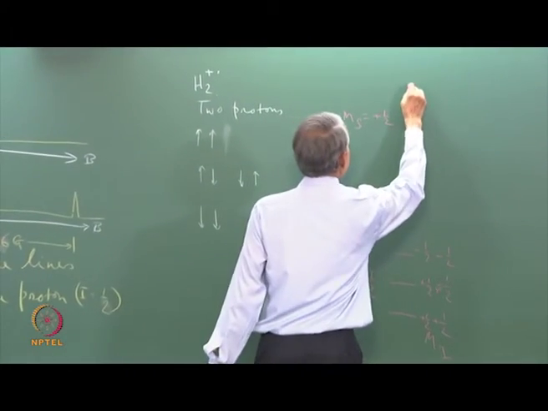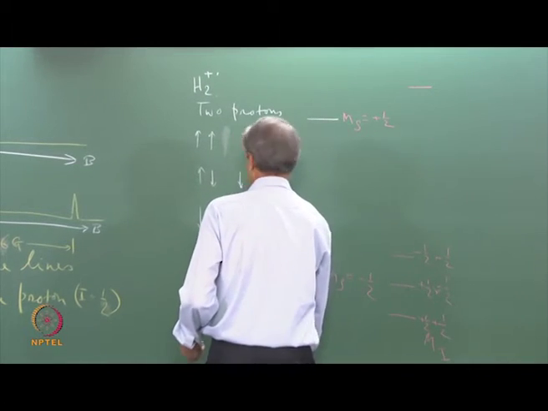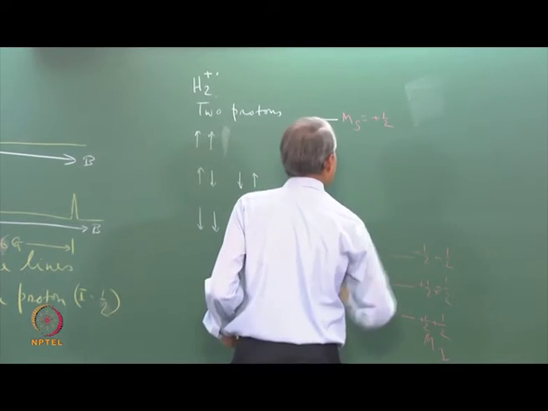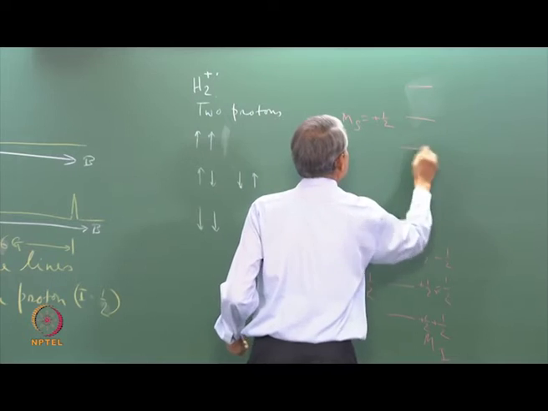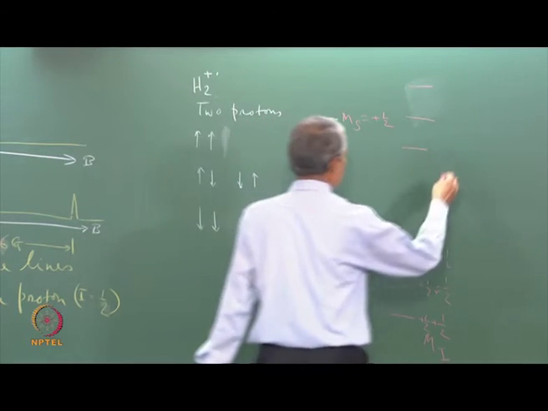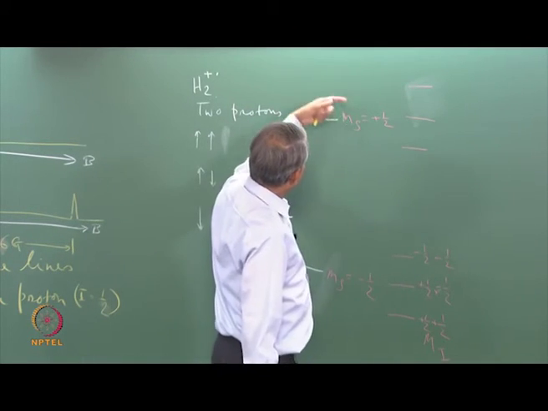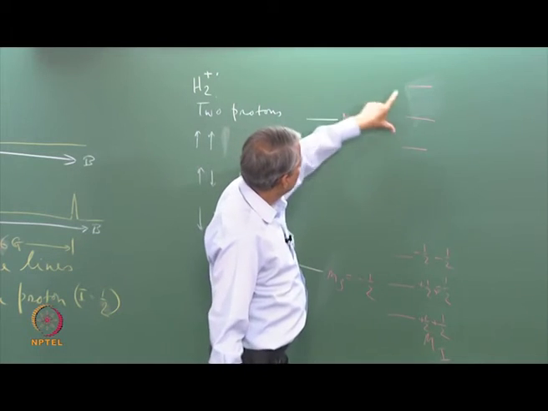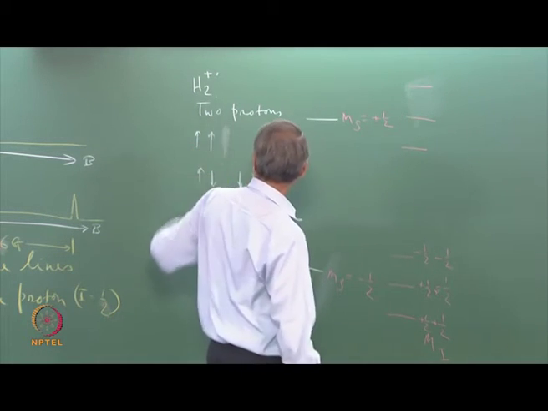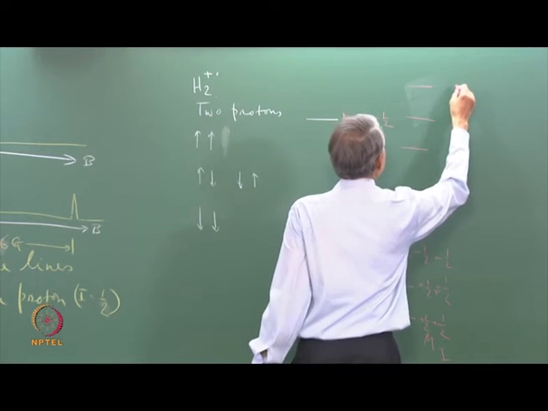Similarly here, the electron spin is plus half. This will also have three types of nuclear spin arrangement. So, I write in this way.